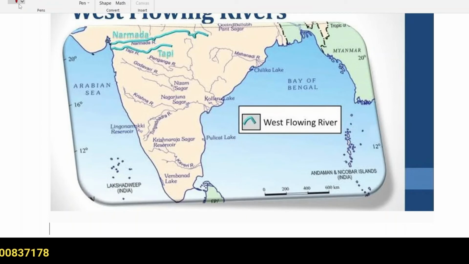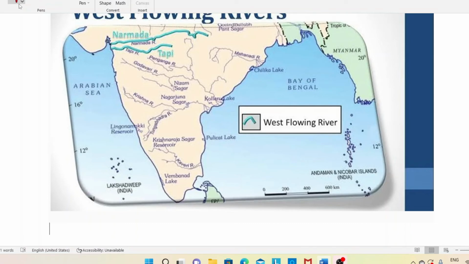It outlines the traditional frontier between North India and South India. It is the boundary line between North India and South India. It is one of the major rivers of Peninsular India.